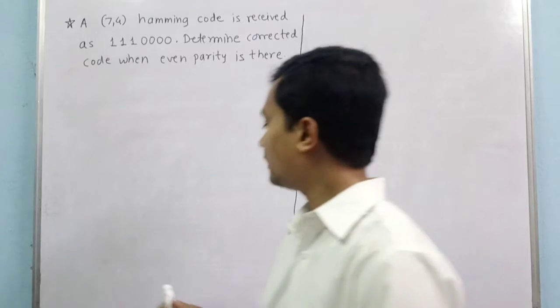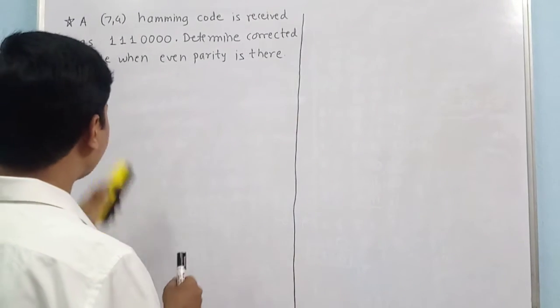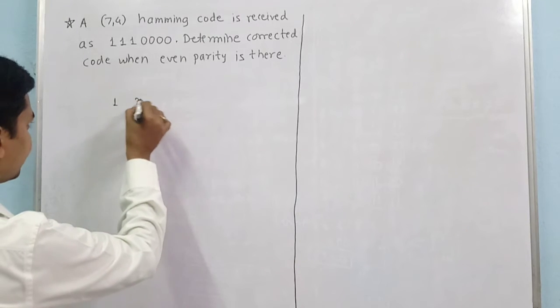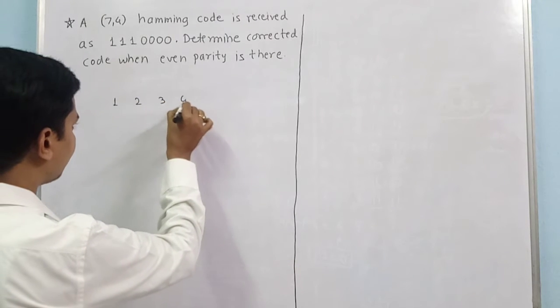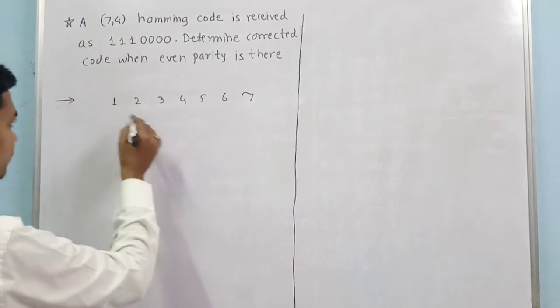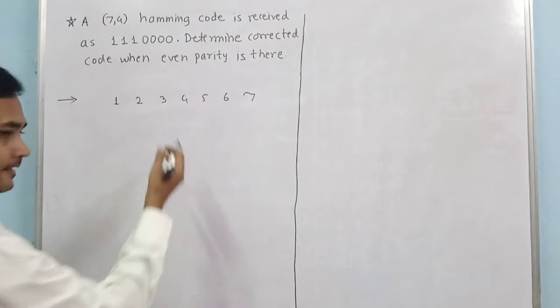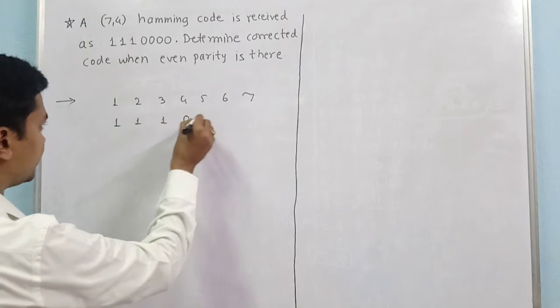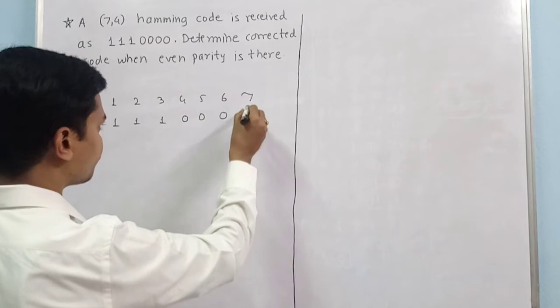Let us just observe this code and write it separately as positions 1 2 3 4 5 6 and 7. First write down the given received code, 1110000.